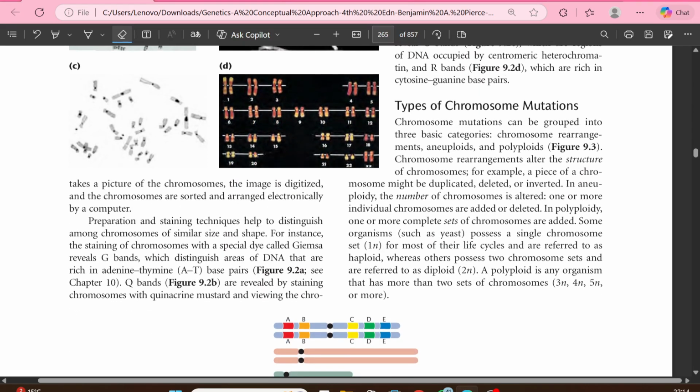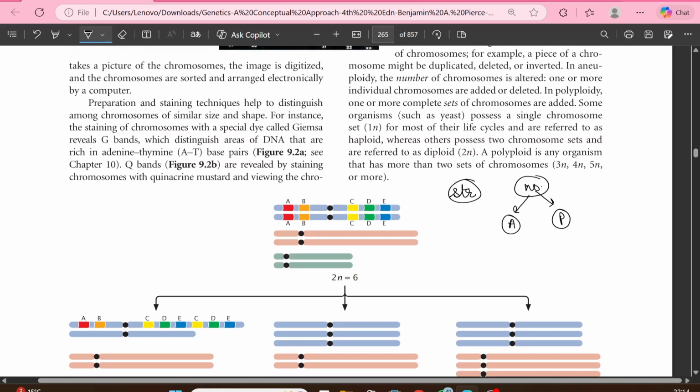So if I talk about the structural, so structural ones are those where the structure gets altered, and then the number ones. And in numbers also we have two types. One of them is aneuploid condition and another one is polyploid condition. So in the aneuploid condition, what happens is generally one of the chromosomes, only one or two or three chromosomes, they get added or subtracted.